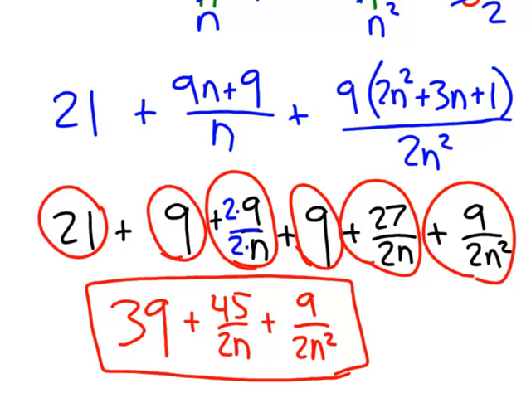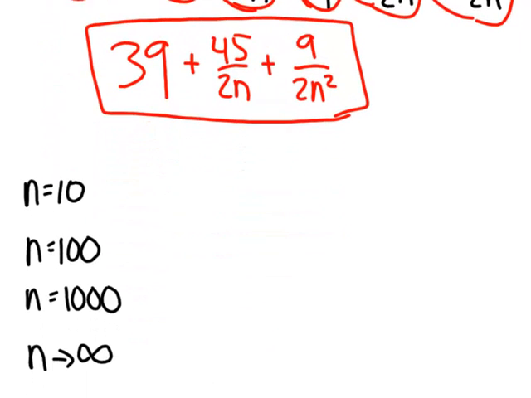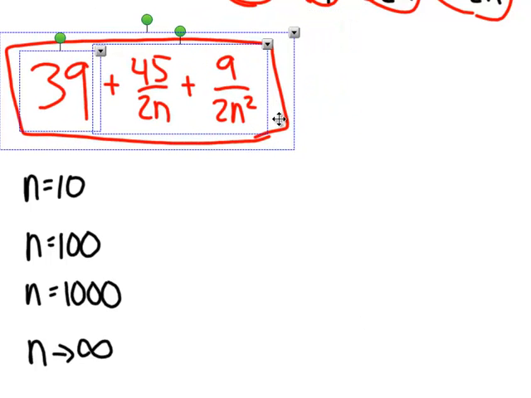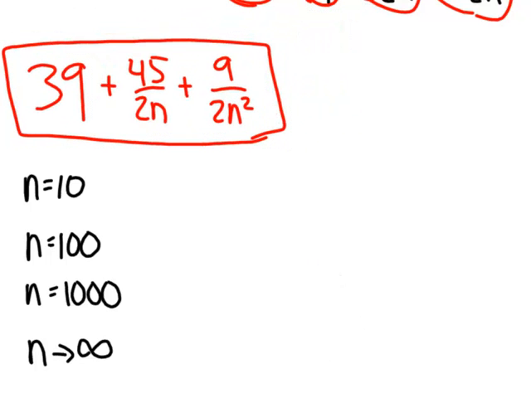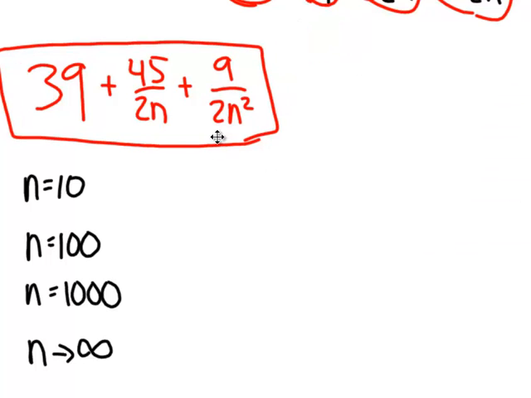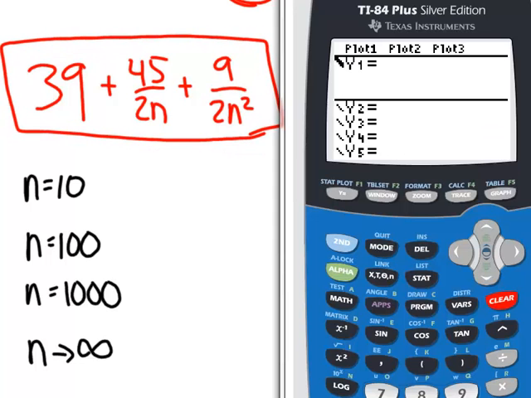And as far as evaluating at these different values of n, let's use our calculator for that one. And I'm going to do it in a way that I think is a very efficient and cool way to do it. Let's go to y equals. And anytime you find yourself doing a repetitive calculation over and over again, you may consider something like what I'm about to do here. Let's type in this expression. Of course, we'll have to use x instead of n.